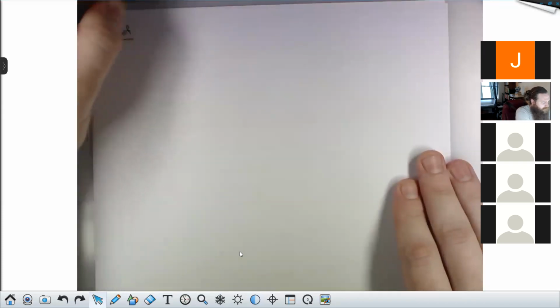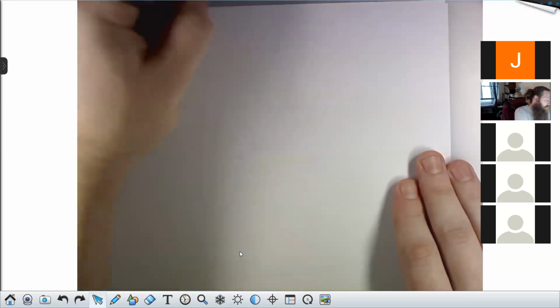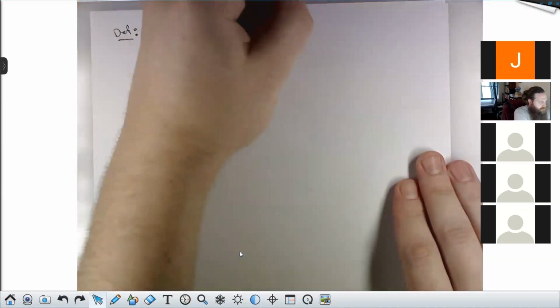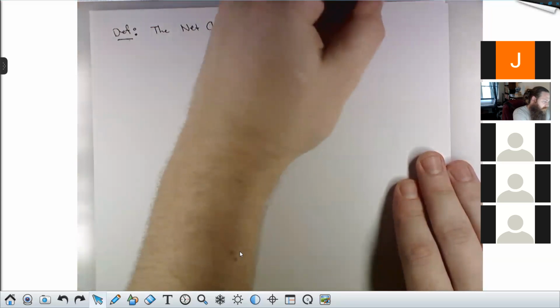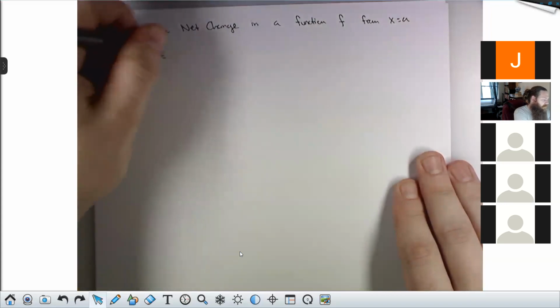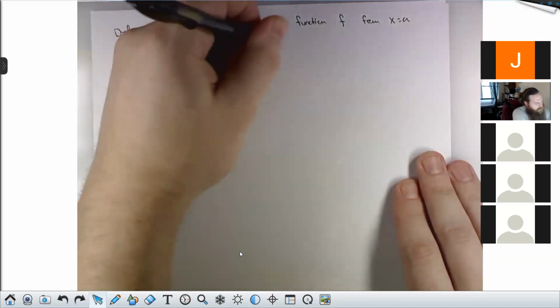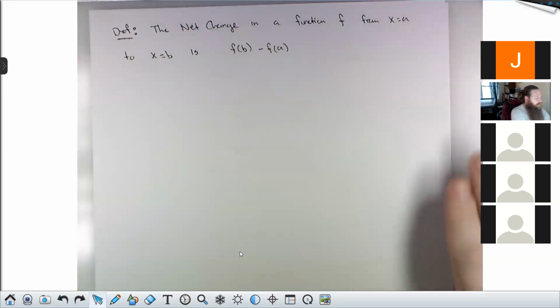So definition. The net change in a function f from x equals a to x equals b is, by definition, f of b minus f of a.